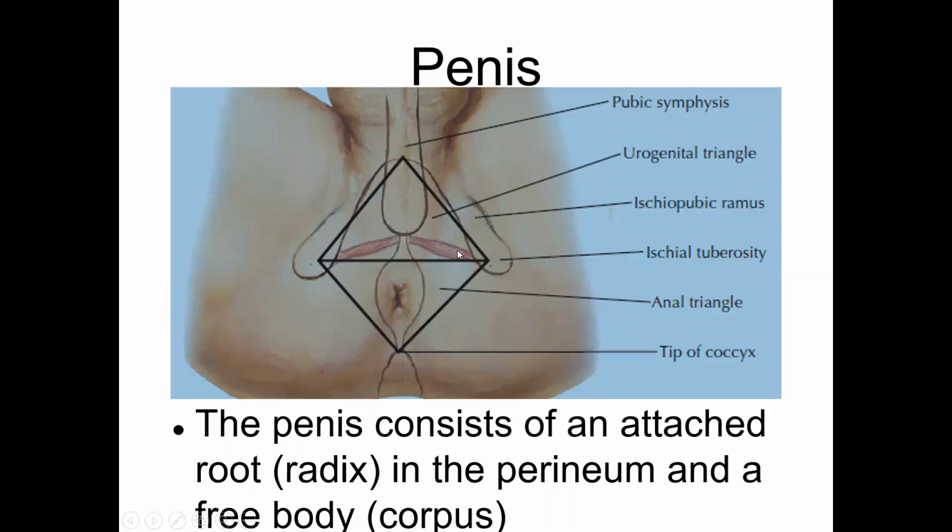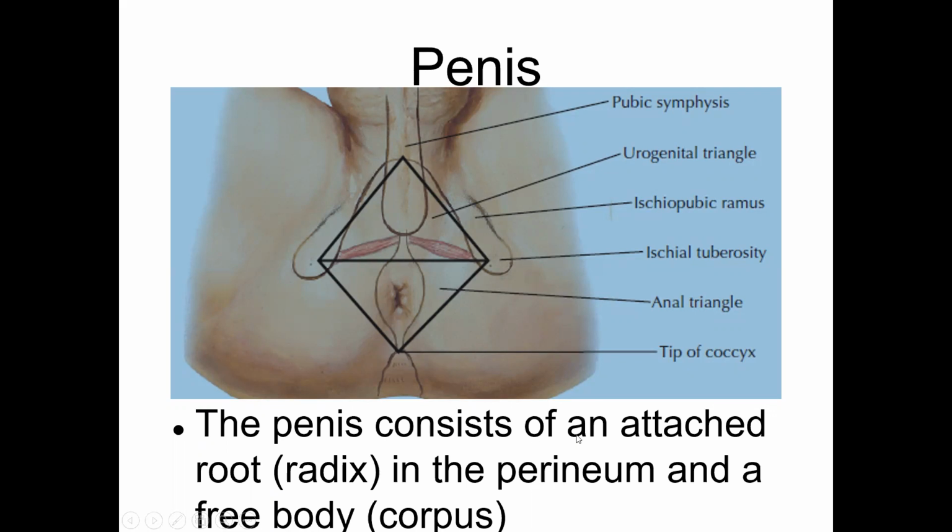The posterior triangle, anal triangle, is more or less coronal. So perineum literally stands for peri meaning around, and neum meaning outlets. So, the urogenital outlet and the alimentary tract outlet, the region surrounding them is called perineum.